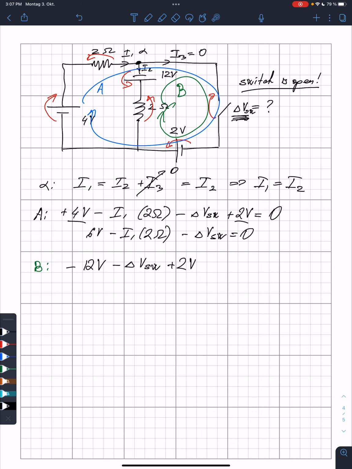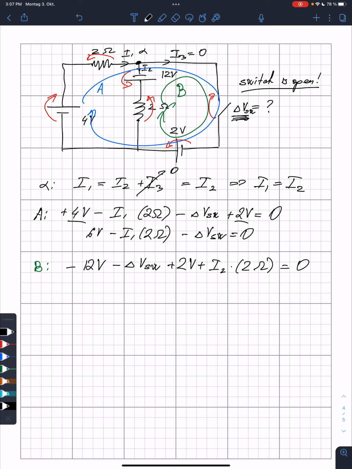Then I go through that load and the direction coincides this time, so it is plus I2 times 2 ohms, and that's 0. What I know is that I2 equals I1.